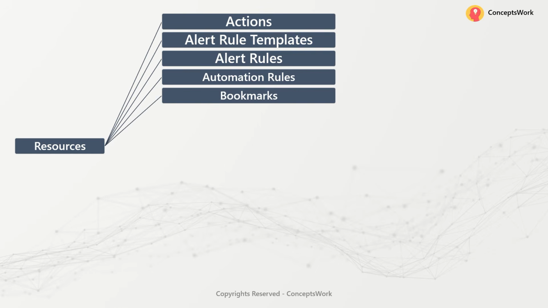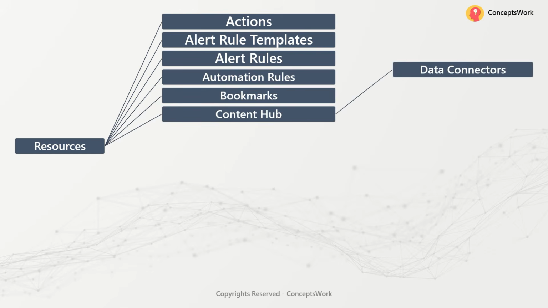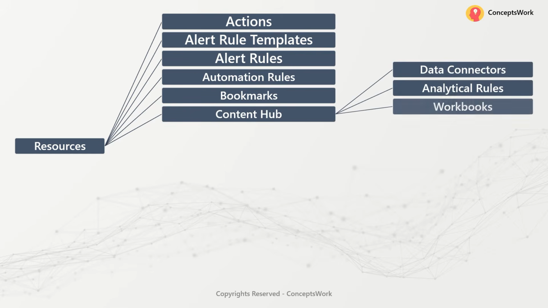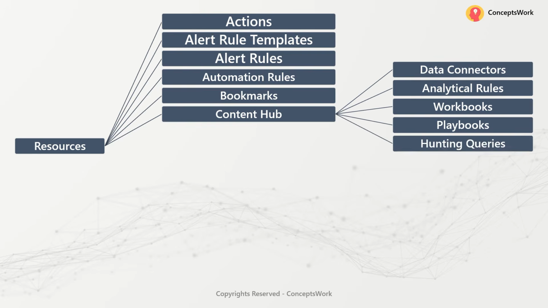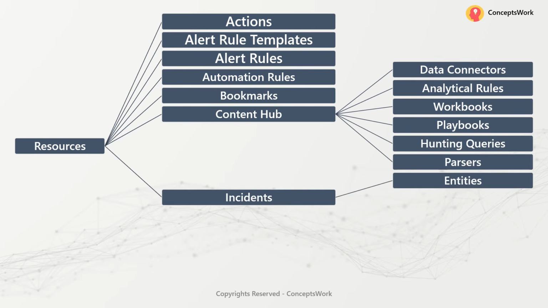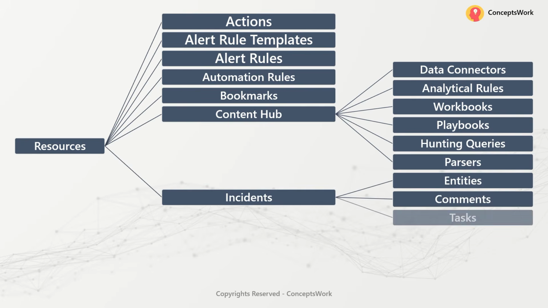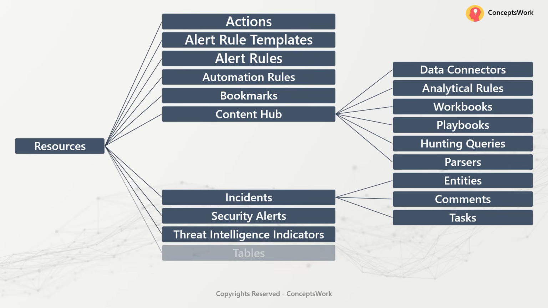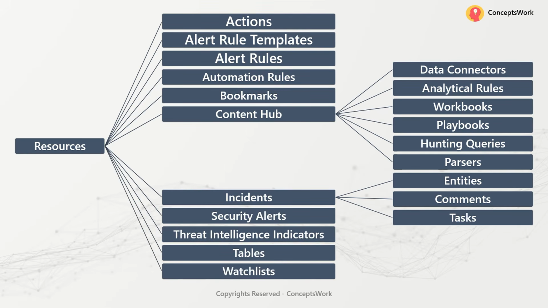You can also query the complete list of resource types available in Content Hub like data connectors, analytical rules, workbooks, playbooks, hunting queries, and parsers. Then incidents and the entities related to incidents, comments, or tasks associated with incidents. Security alerts, threat intelligence indicators, tables, and watchlists. So fundamentally, this is the complete list of resources that can be queried for Microsoft Sentinel.